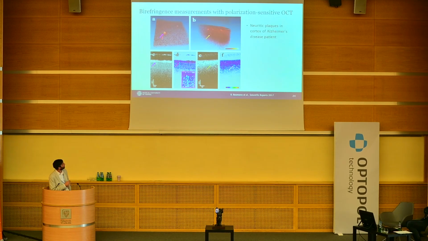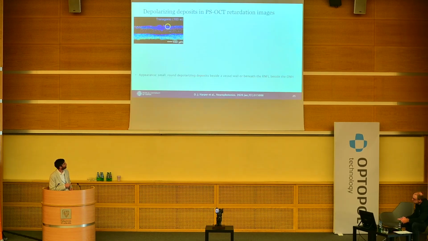Another example of the brain, some birefringent structures here. So we used our polarization-sensitive OCT machine to image a brain sample of an Alzheimer's patient with some amyloid beta plaques in the brain, and these can be distinguished by OCT without any staining and in intact tissue here.